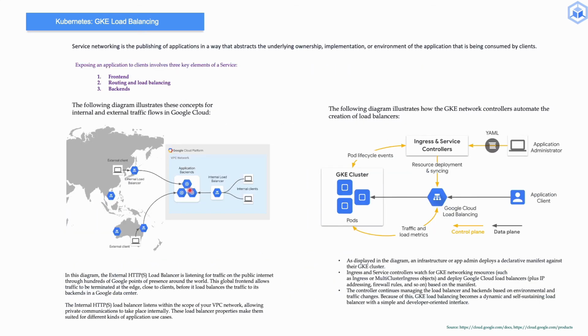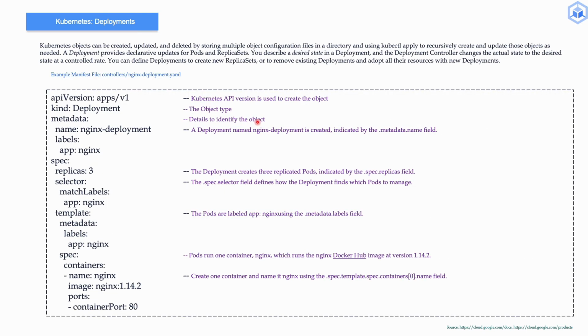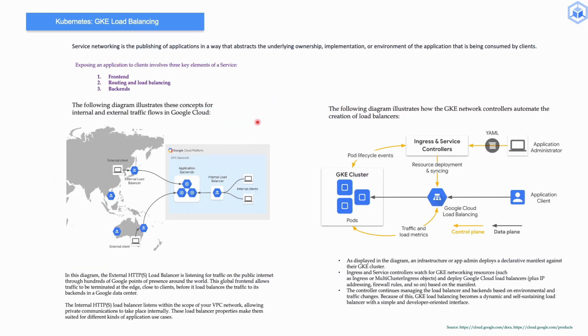Let's look at this in a diagrammatic way. Service networking is the publishing of applications in a way that abstracts the underlying ownership, implementation, or environment of the application that is being consumed by clients.